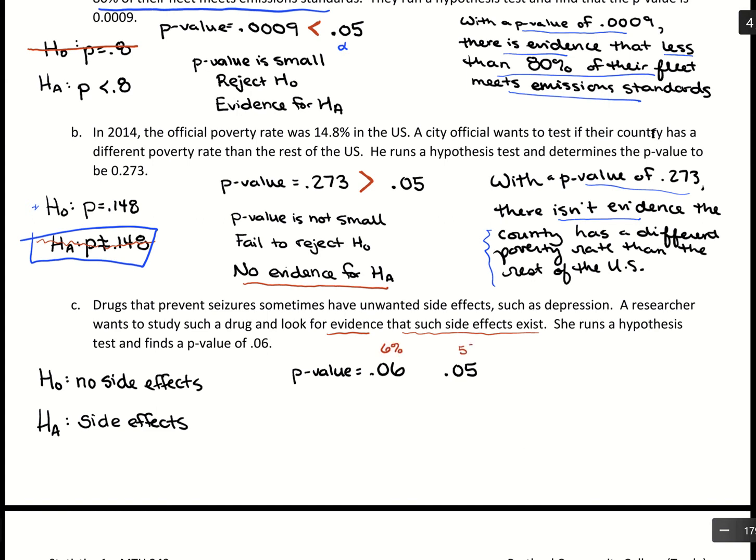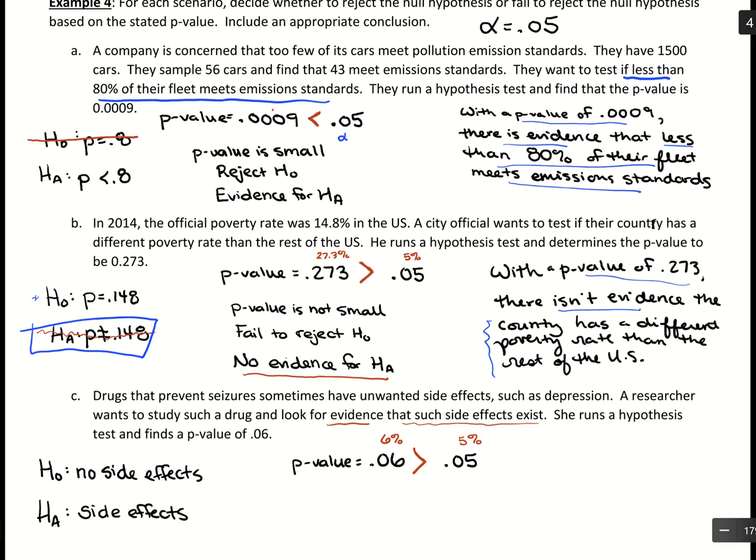This represents a probability of 5%, so which has the higher percentage? The 6%. And like up above, it was comparing 27.3% to 5%. So 27.3% is much larger. With this first one, it's 0.09% versus 5%, so a much lower probability with that 0.09%. Sometimes just changing them to percentages can help a lot.